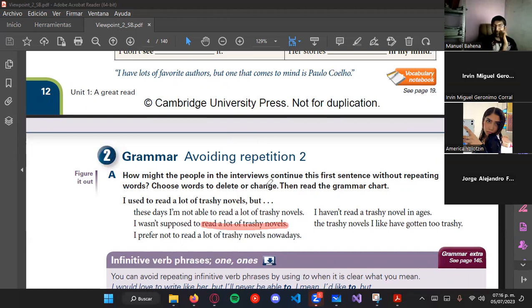Close, you're getting there, but not quite. What else? Remember, we don't always have to add. We can delete something. Just to give you a clue.